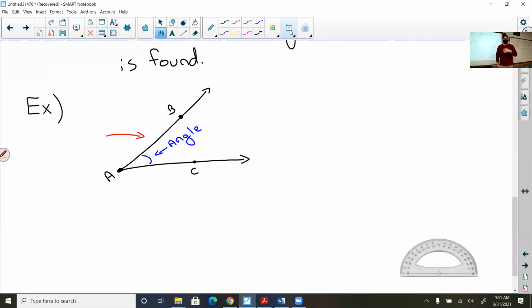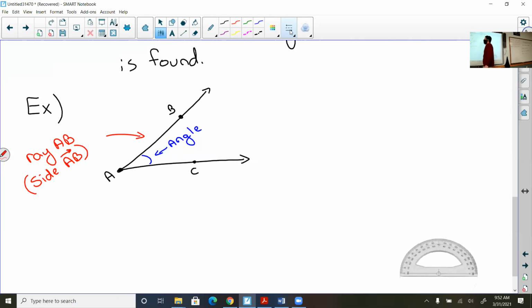This top ray, I'm going to call ray AB. Which I can also call the side AB.